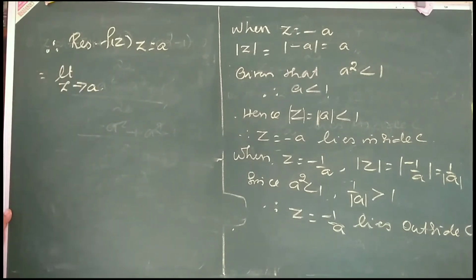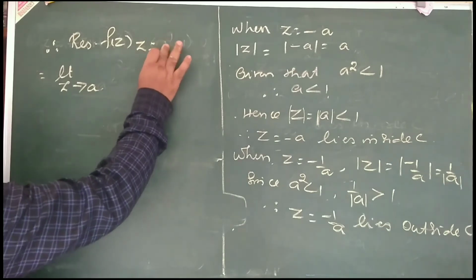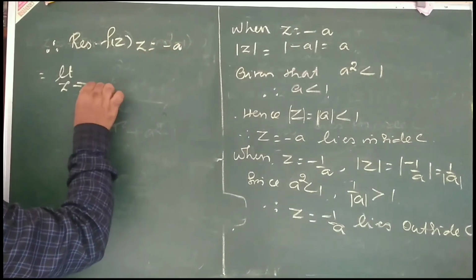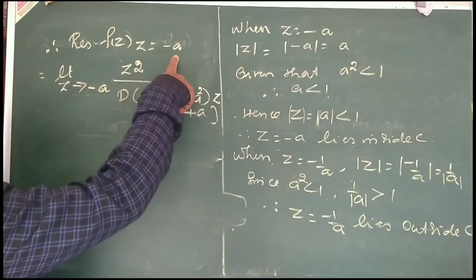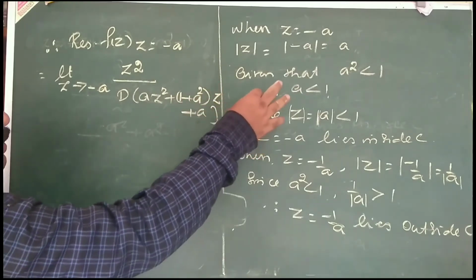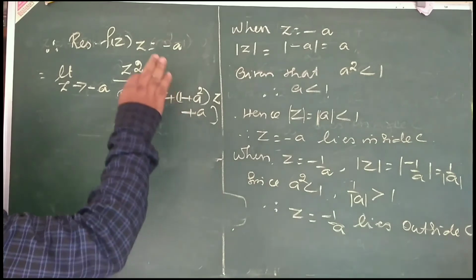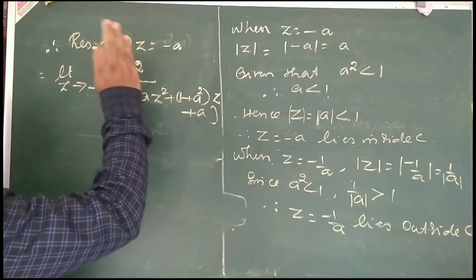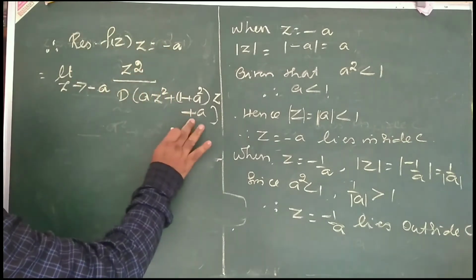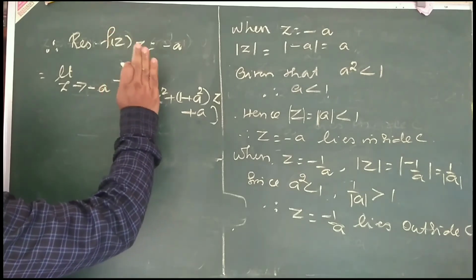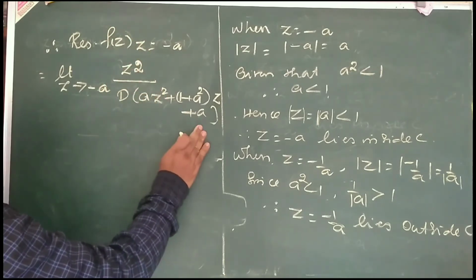What is our function? z equal to minus a is a simple pole. That means it has no power. It is a simple pole. If it is a simple pole, we can apply the differentiation formula. Don't differentiate the numerator, differentiate only the denominator.